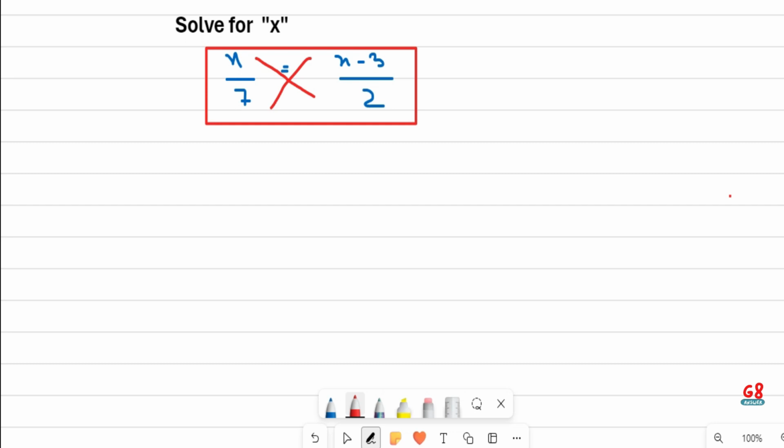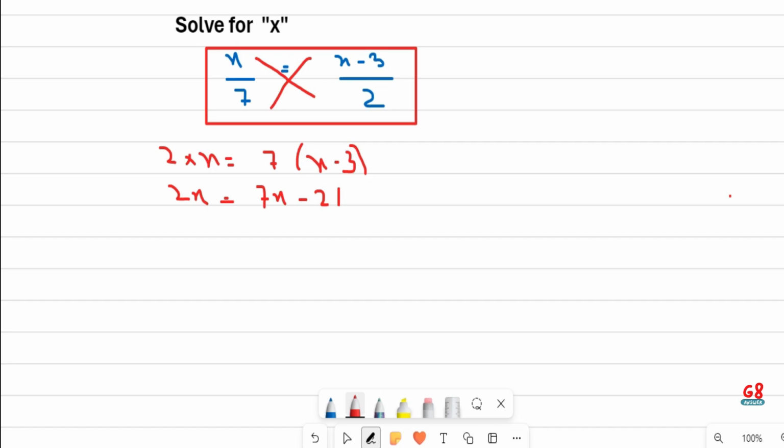So let's start. 2 into x equals 7 into x minus 3. After multiplication we will get 2x and 7x, and 7 into minus 3 will be what?